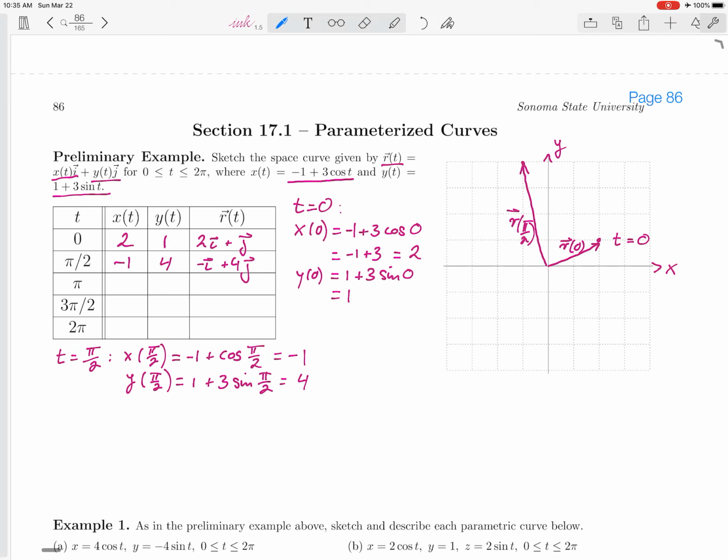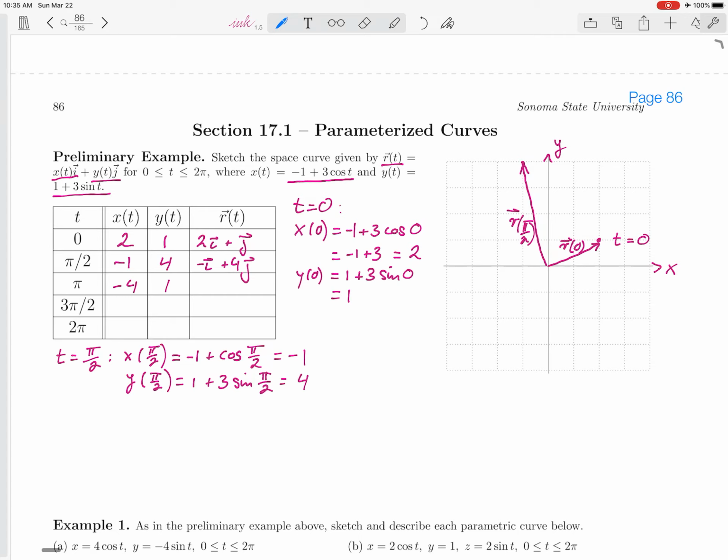And so you could pause the video and compute x of t, y of t, and r of t for pi, 3 pi over 2, and 2 pi, and then start again and see if you were right. Okay, I hope you did that.